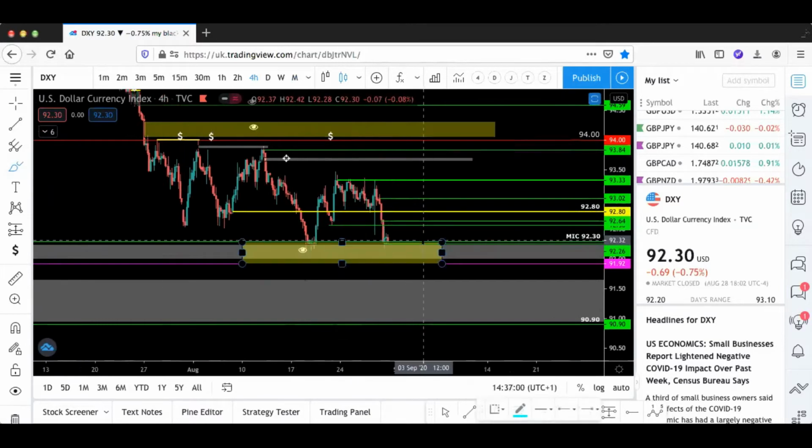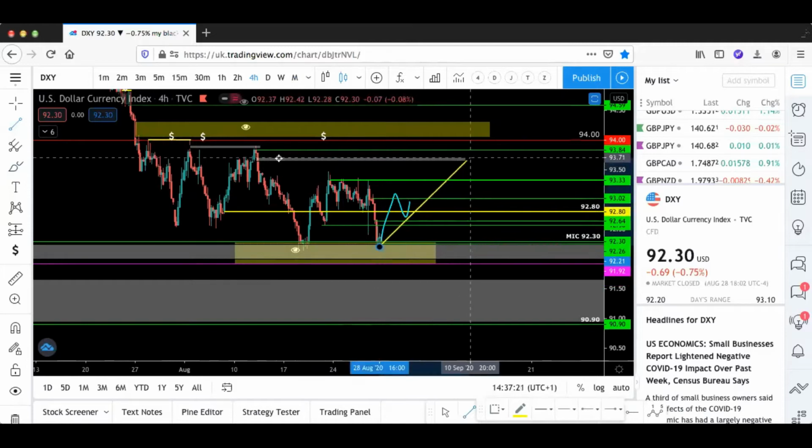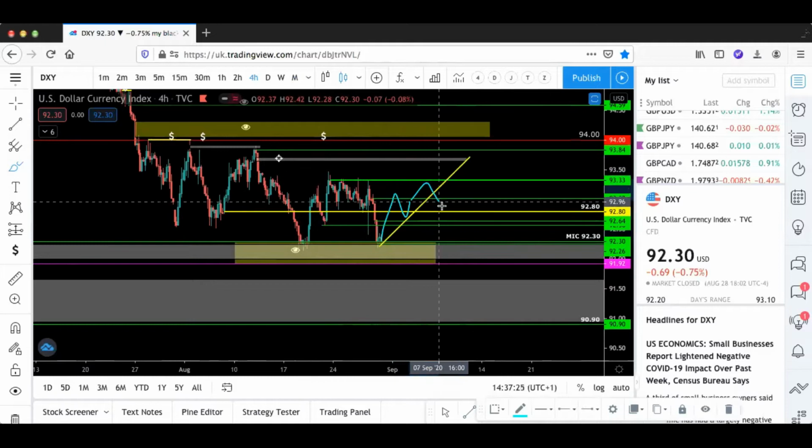Now, what next? I'm anticipating price to run higher, but because we are still in a bearish run, what I'm expecting is price to run lower and hit this target, which is 92.30.